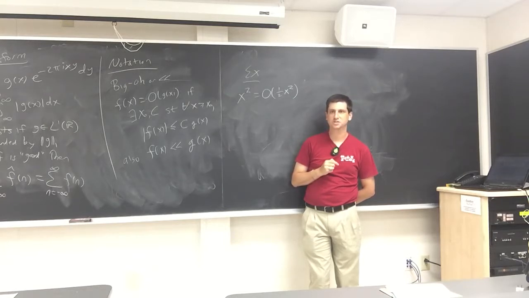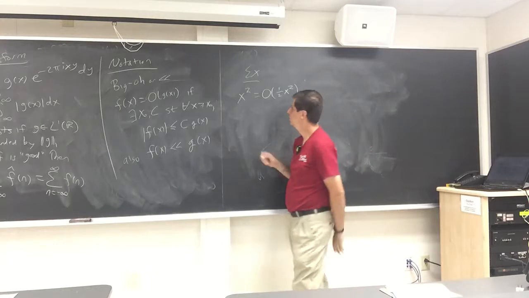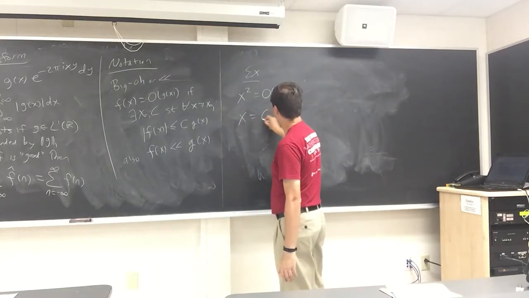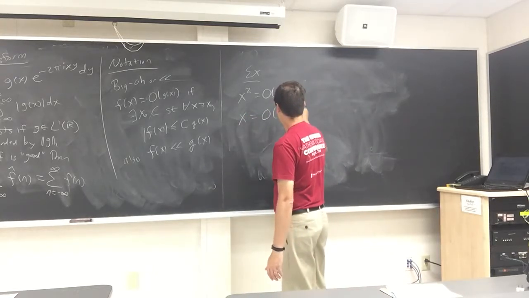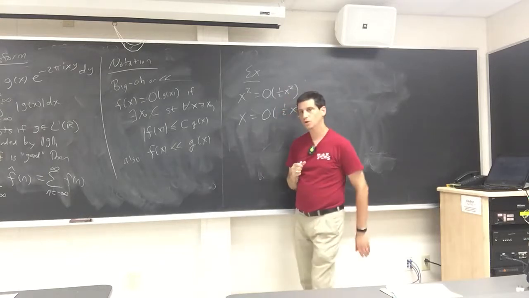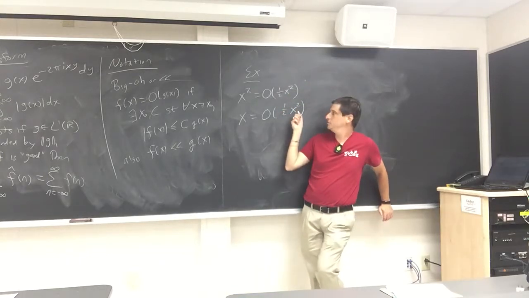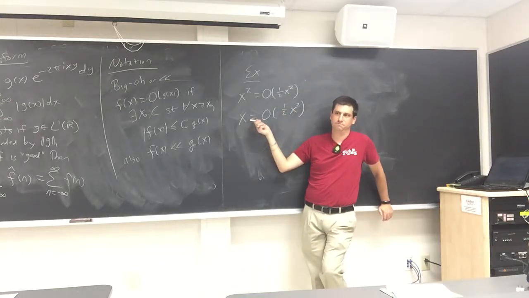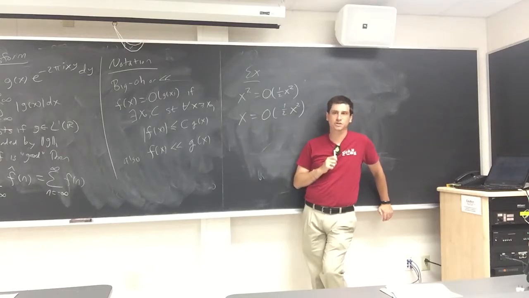What should we take the constant to be? 4. And then we're safe. We could take the constant to be 2 and we'd be safe. x is big O of 1/2 x squared. When x is very, very large, x squared beats x. If x is small, however, x is actually larger than x squared. So it could take a while for things to kick in.